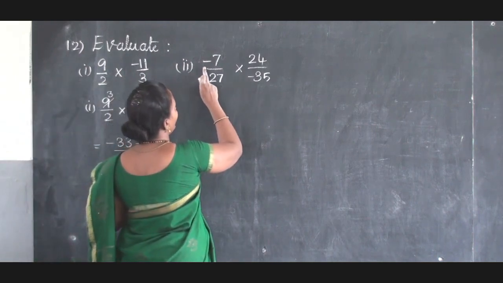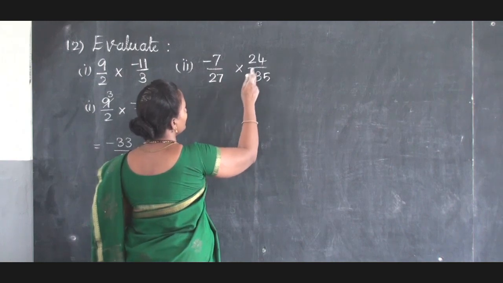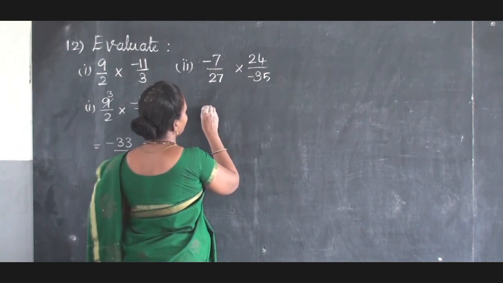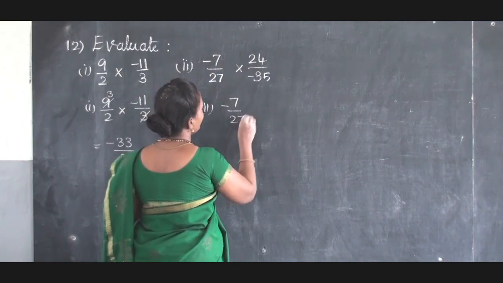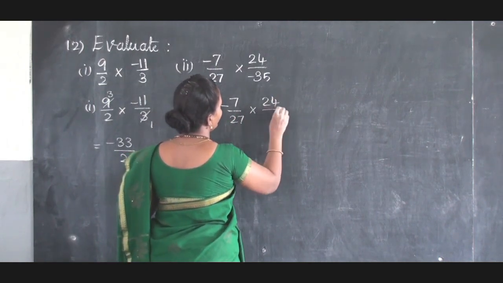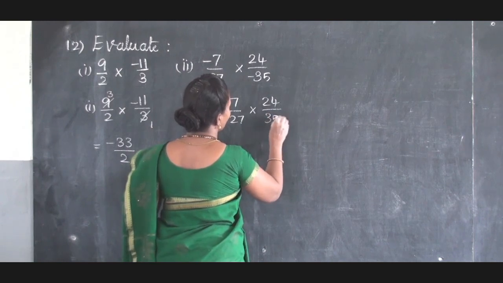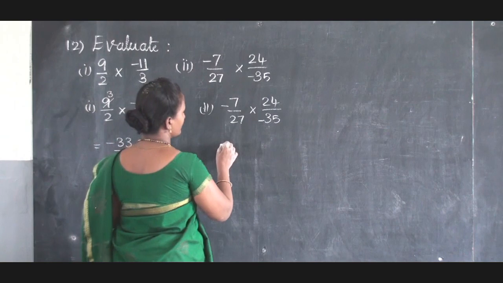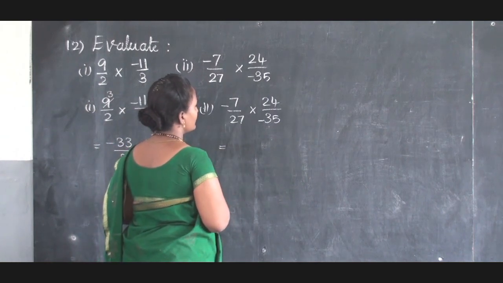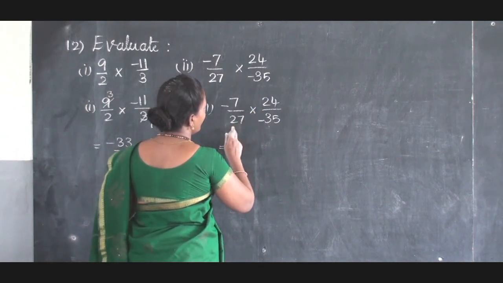Second one, minus 7 by 27 into 24 by minus 35. Cancellation. See the cancellation?